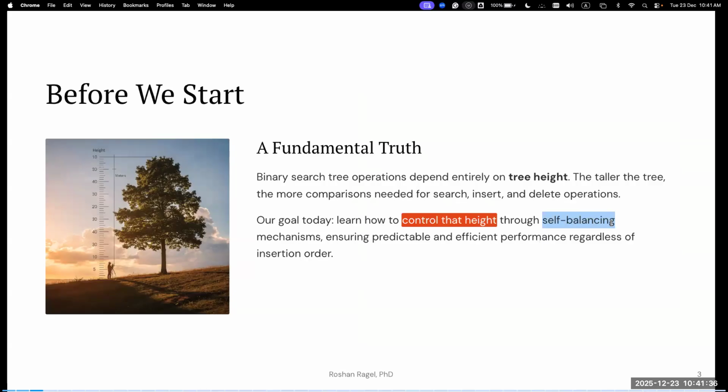Self-balancing means it's not part of the data structure itself, but when we are making changes, we will have an algorithm that will do the balancing act. It will do some work to make sure the binary search tree is balanced. What we mean by balancing is to reduce the height or the levels of the tree as small as possible, very much closer to a perfect tree. That's what we are trying to do here.